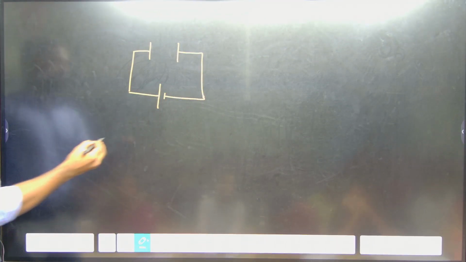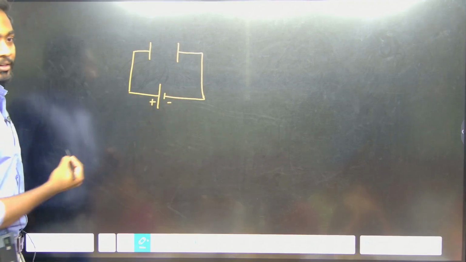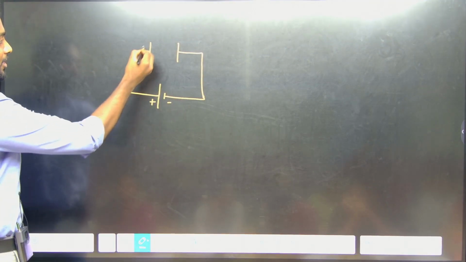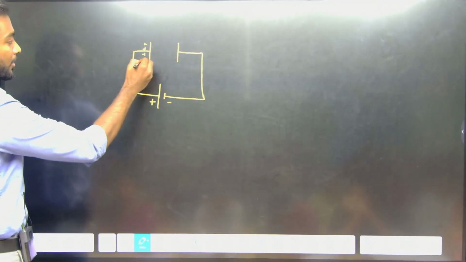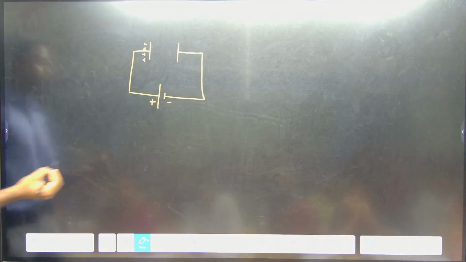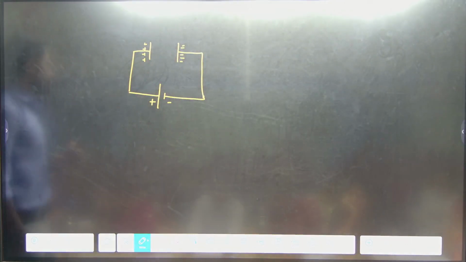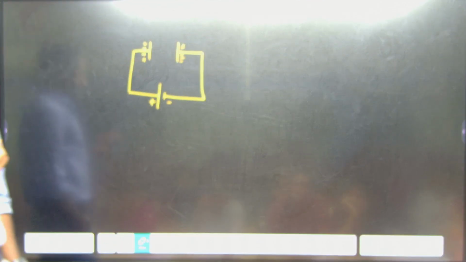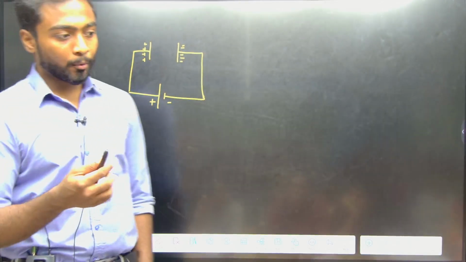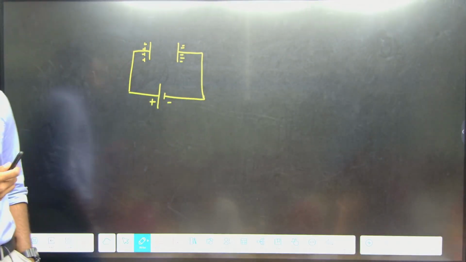If I connect a capacitor with a battery, this is positive charge and this is negative charge. This positive charge will go and stay on the outside of the capacitor, and obviously this negative charge will also go and stay on the outside of the capacitor. Now write the point after drawing this diagram.